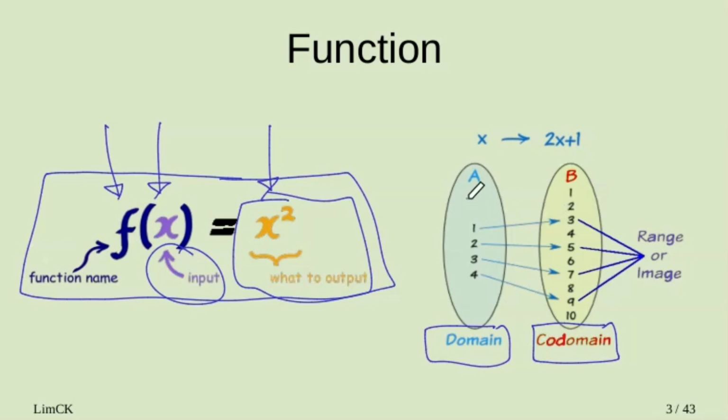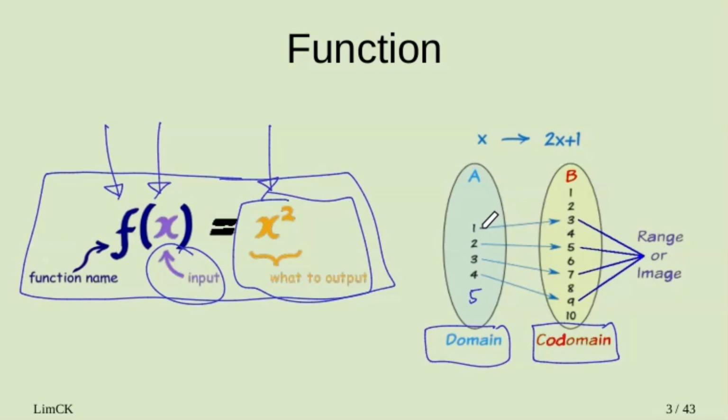What I mean is, if I have another element here, 5, and 5 is not able to map to anything here, then this is not a function. Every element in the domain must be able to map to something in the codomain. Second, one element in the domain must map to only one element in the codomain.